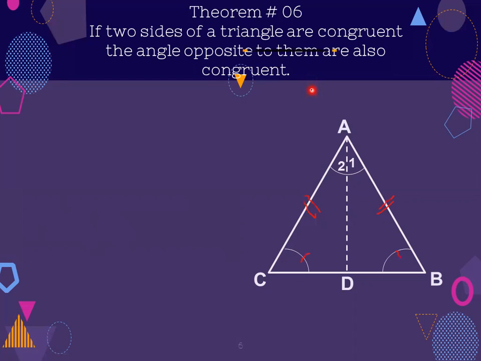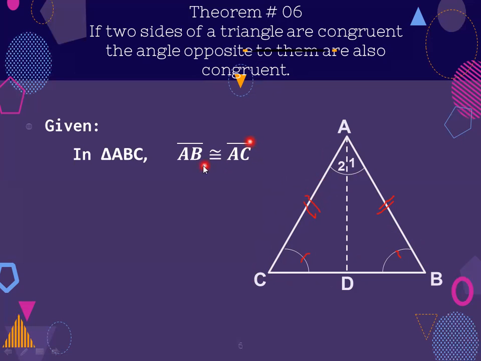Now in this statement, you have to identify what is given in the theorem and what you have to prove. What is given in theorem number 6 is that in triangle ABC, side AB is congruent to side AC.